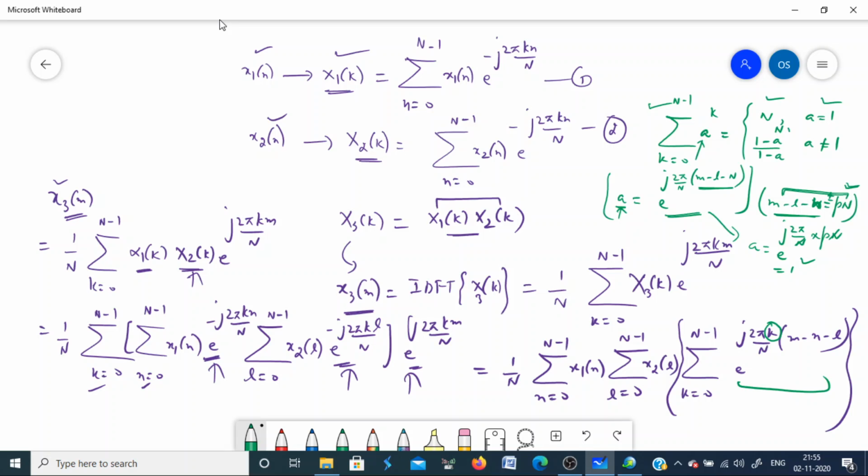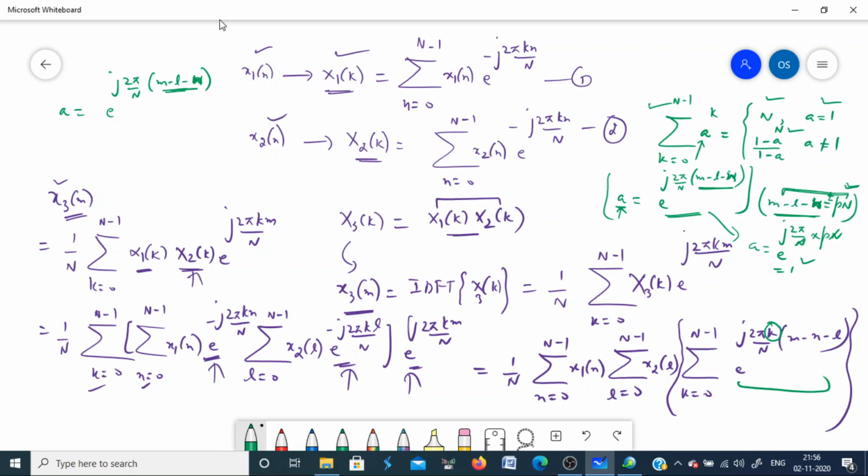What will be a raised to power n? Here a is e raised to power j 2 pi by n into m minus l minus n.